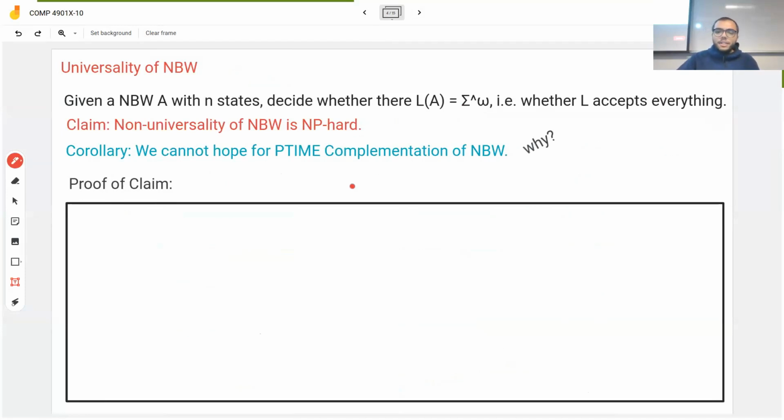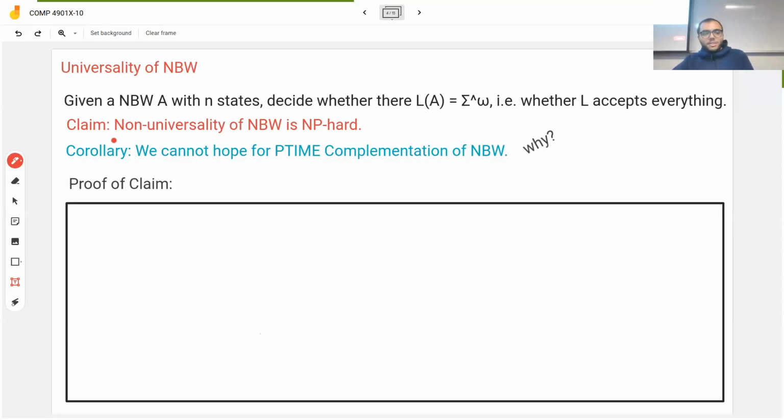And actually, I'm going to show you that this is a really hard problem. I'm going to consider the opposite problem. I'm going to consider non-universality. So I give you an automaton as input. You should output 1 if this automaton is not universal, and you should output 0 if this automaton is universal.